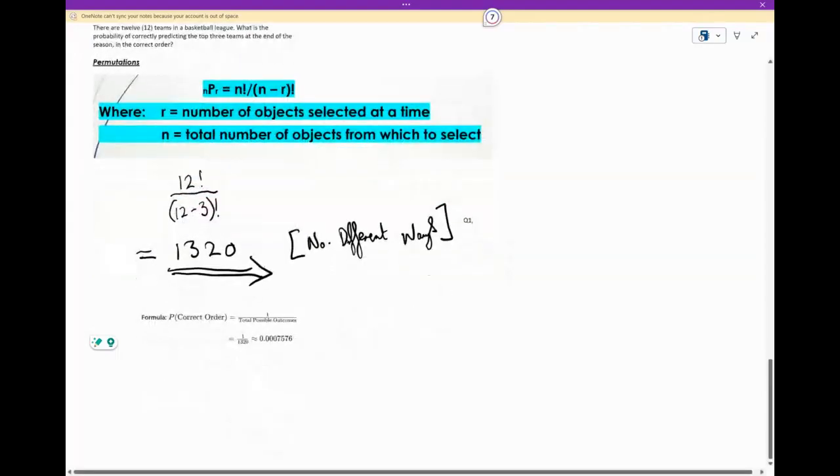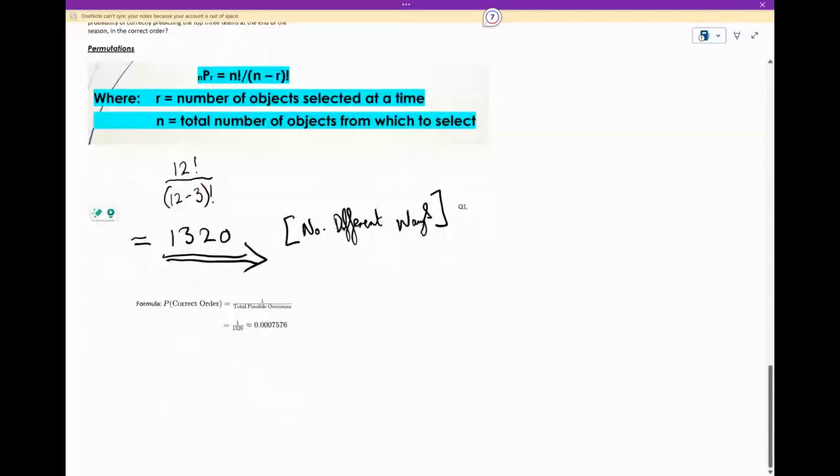First things first, 12 is the total number that we can select from. We want 1, 2, and 3, correctly predicting that order. So 12 minus 3, and then boom. The number of different ways is 1,320.